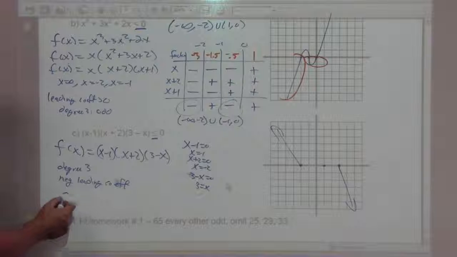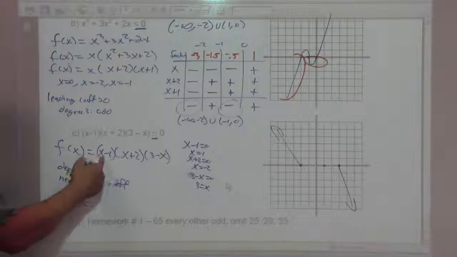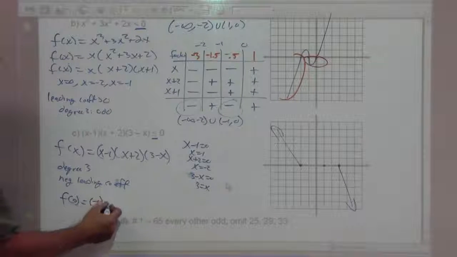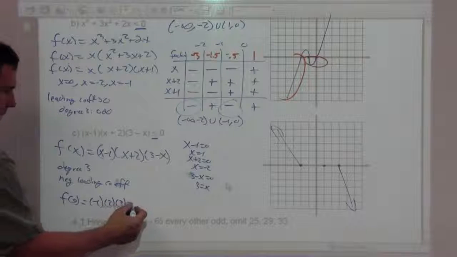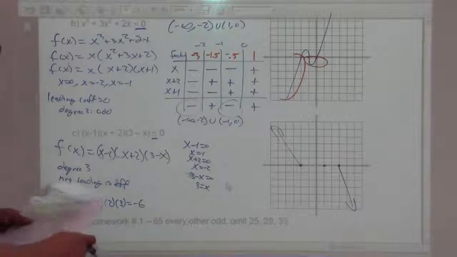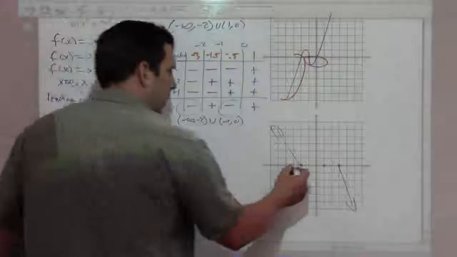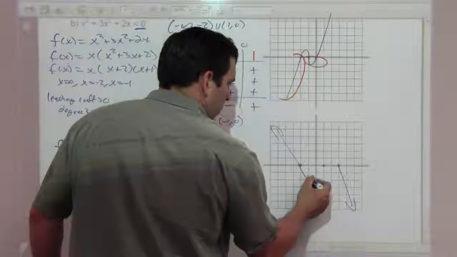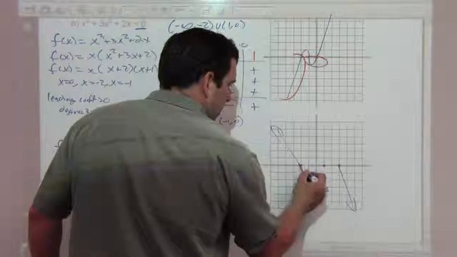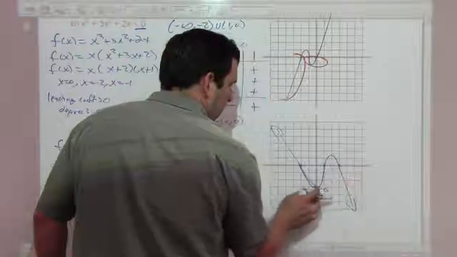As far as f of 0 goes, it's going to be negative 1 times 2 times 3, and that's negative 6. Come down here, let's call that negative 6. Here, go up, and come back down again.